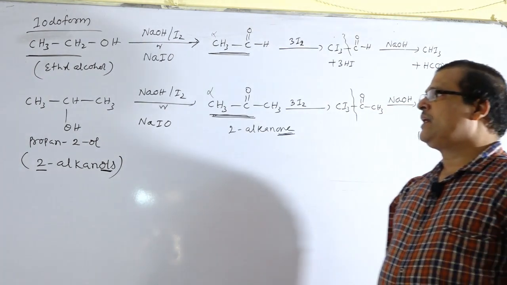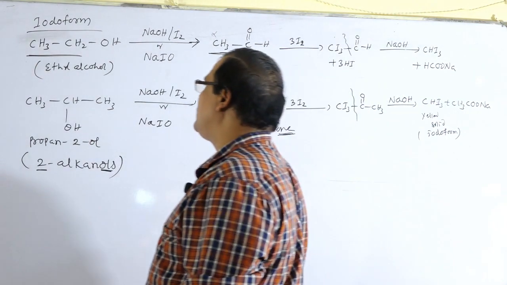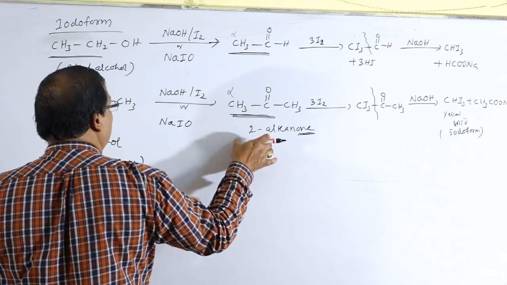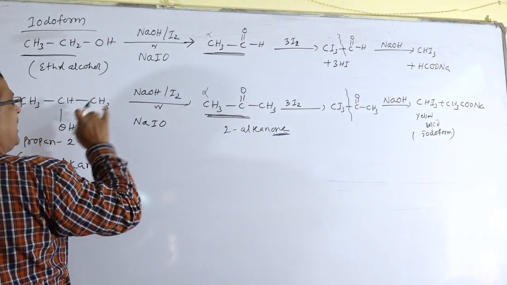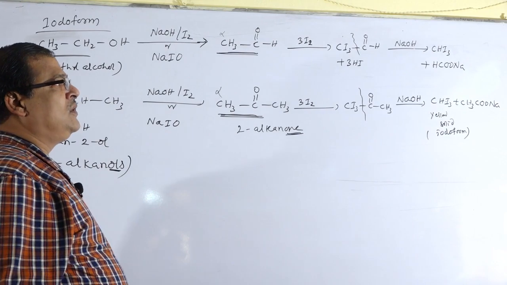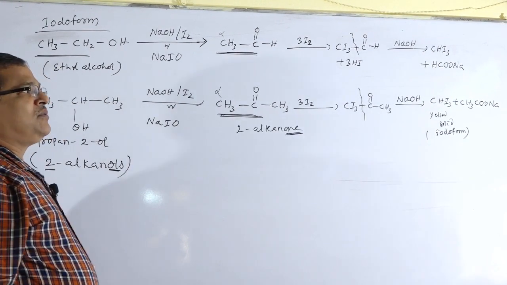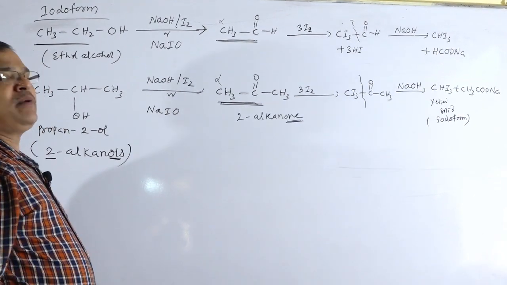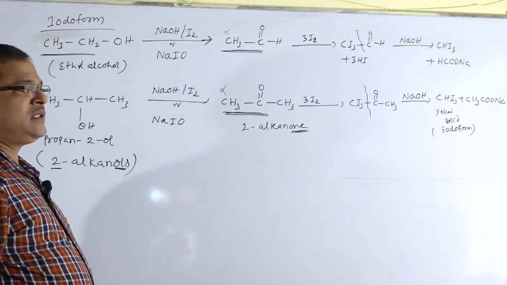So the iodoform test is shown by those aldehydes or ketones having the CH3CO group, or those alcohols which can be converted into the CH3CO group, to form the yellow solid iodoform in the presence of I2 and NaOH.